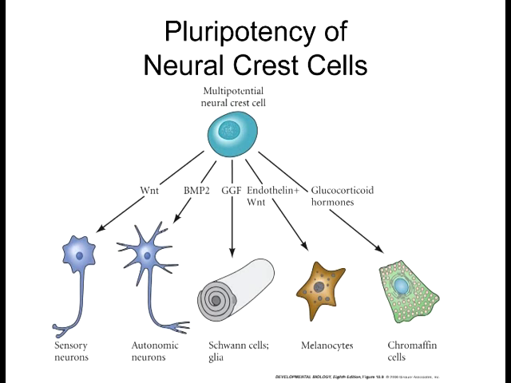Now, here's just some examples of a couple of the genes that influence this. As the neural crest cells migrate along the various lengths of the embryo, certain neural crest cells are exposed to certain genes. Some are exposed to Wnt signals, others exposed to BMPs, others exposed to endothelin and glucocorticoid hormones.